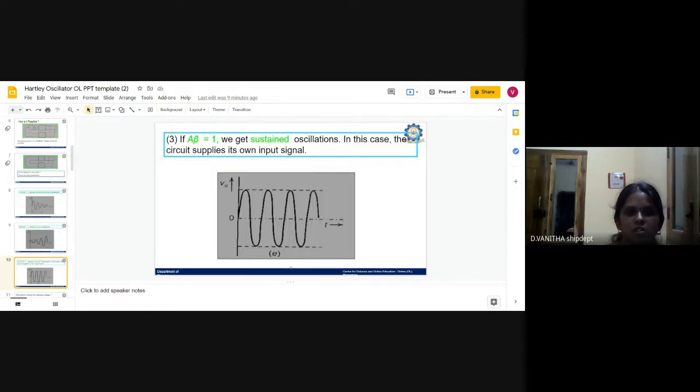Sustained oscillations means the amplitude of the oscillation is not changing, it is constant. Here, the circuit supplies its own input signal so that without giving any input, we get some output.